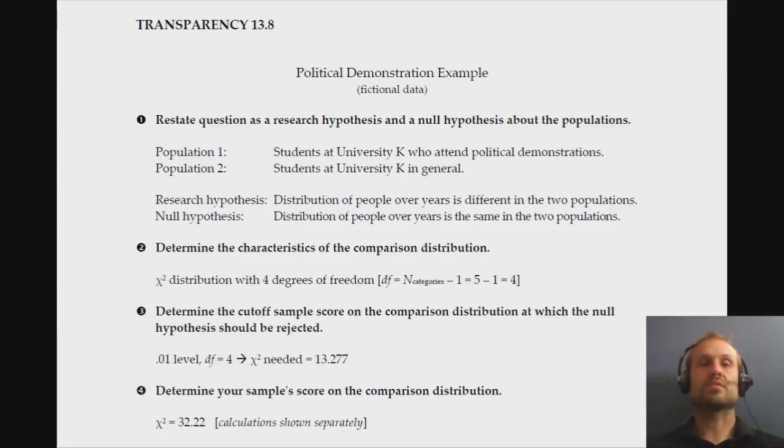I'm hoping that the distribution, the breakdown, the percentages that I observe is different between these two populations, that the students attending the demonstration, the breakdown isn't the same, the distribution isn't the same as students in general in the university. And then the null hypothesis is, of course, that they are the same.